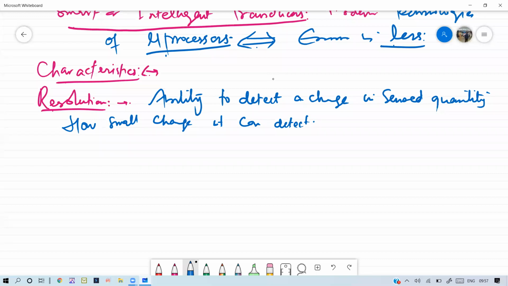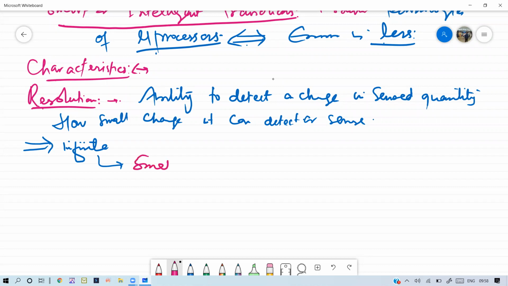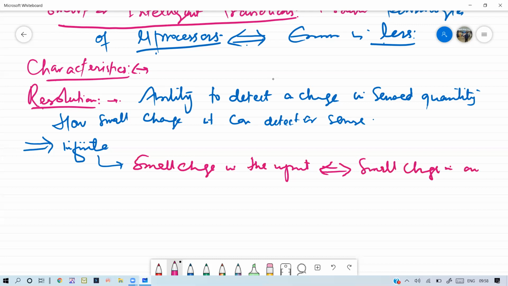It can detect or sense. In some cases, it may be infinite. What I mean by infinite is not that it can detect a large change, but that it can detect the smallest of the smallest change. If you have a very small change in the input, it gives you a very small change in the output.